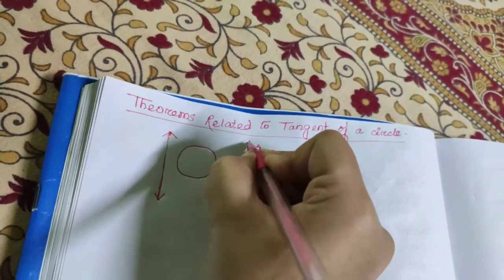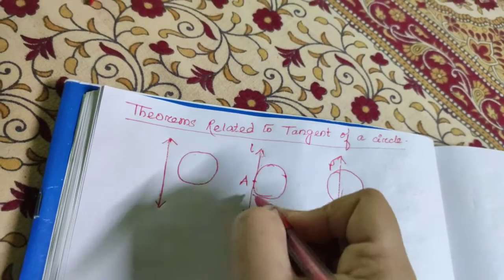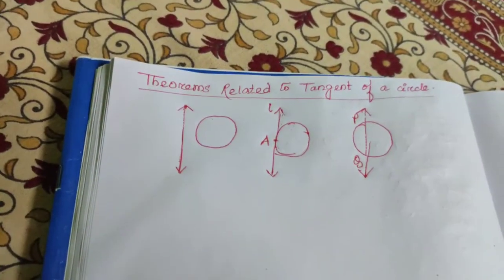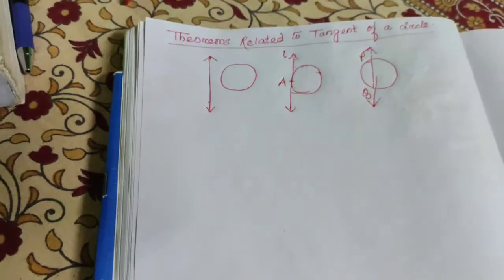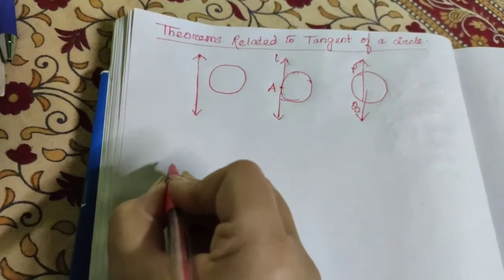Suppose the straight line L is a tangent and A is the point of contact. Now I am going through a theorem.